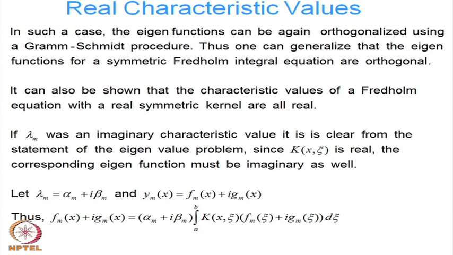Remember, this is very similar to our system of equations, right? For a symmetric matrix, we are assured that the eigenvalues are all real. The eigenvalues of a symmetric matrix are real.